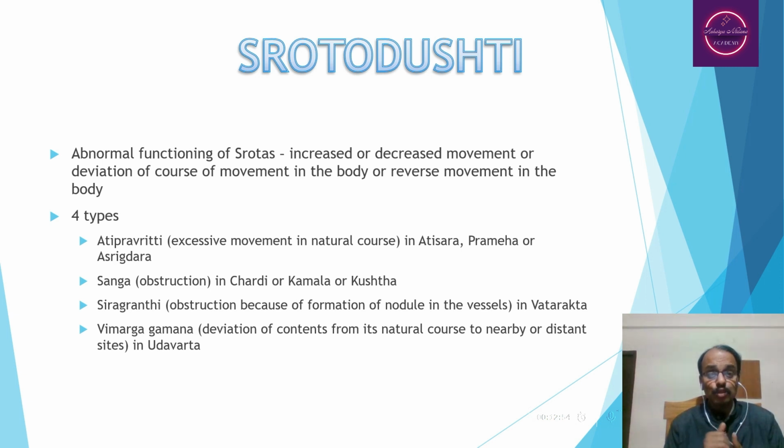This is responsible for the reverse movement, which is what is considered actual vomiting, wherein both Sanga and Vimargagamana mechanisms are happening. Siragranthi is nothing but the formation of nodule-type substance in the vessels, and that is considered the example for Siragranthi, which happens in Vata Rakta.